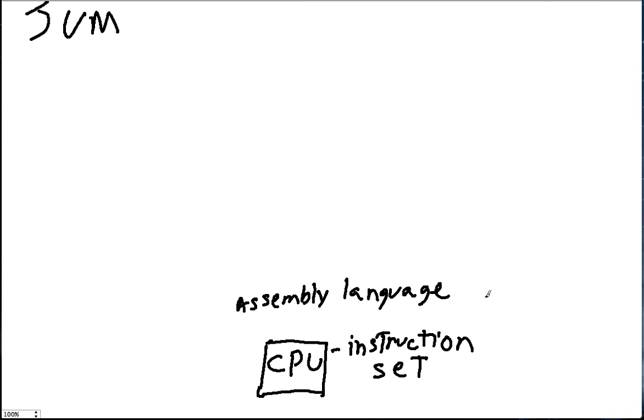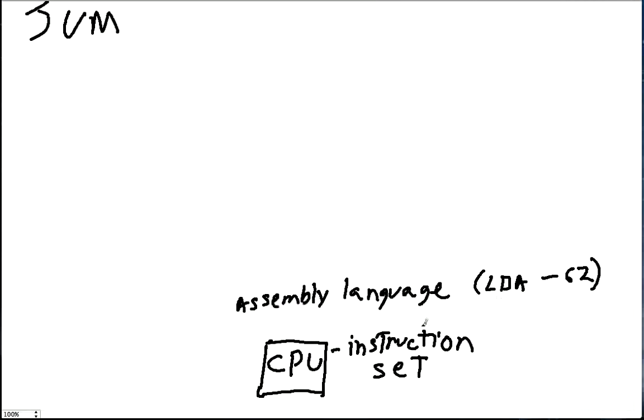It has a few little niceties, so it uses LDA instead of, say, the number 62 for the load accumulator function. So assembly language turns the machine code, which is just numbers, and gives them nice little mnemonics like this one. But it doesn't do much more than that. It is still basically just the instruction set of the CPU.